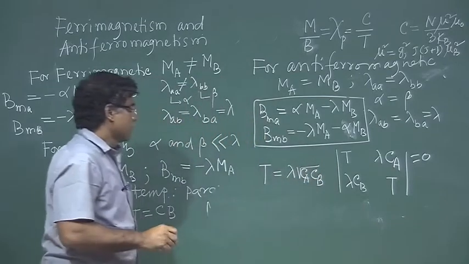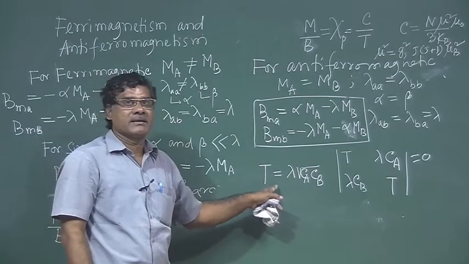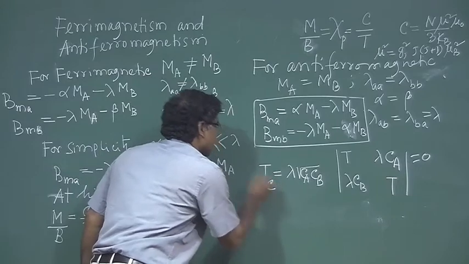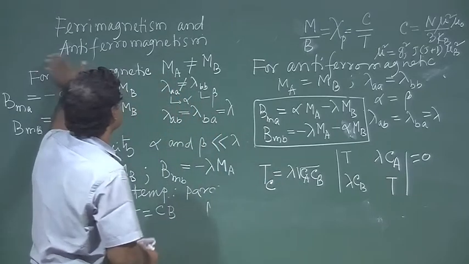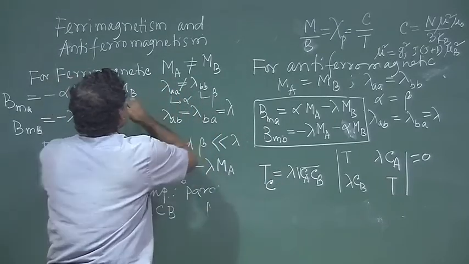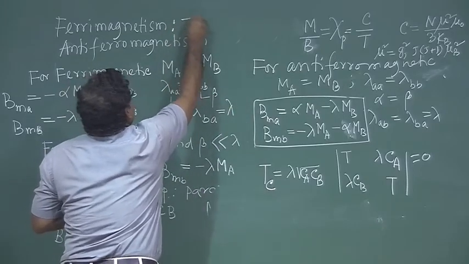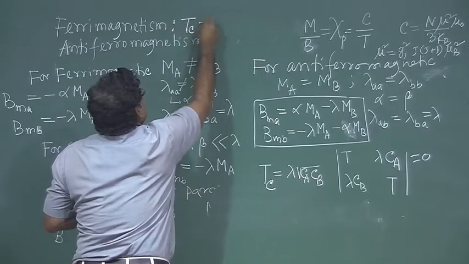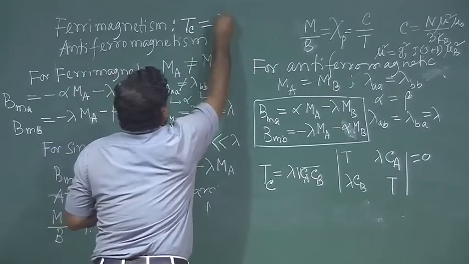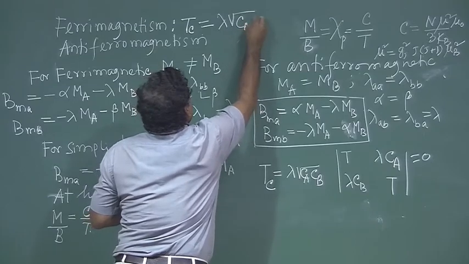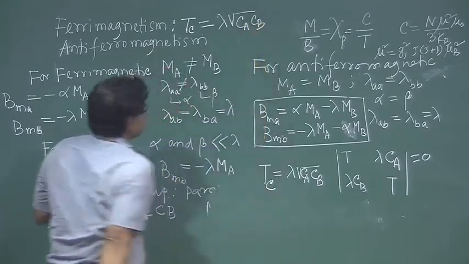Okay. So, that will be the Curie temperature for the ferrimagnetic case. So, what is the Curie temperature I got? T_C equal to lambda square root of C_A C_B, right.